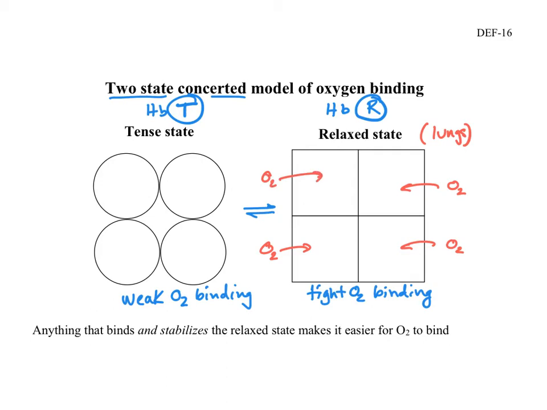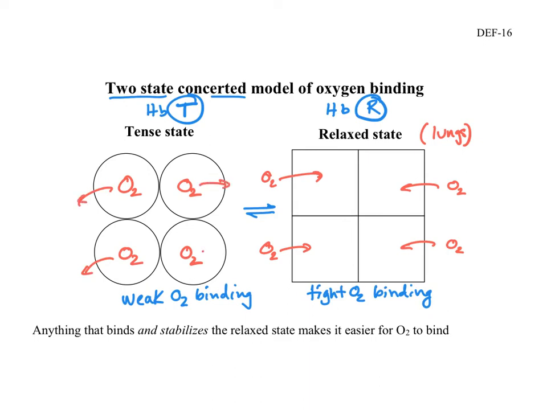Now, when that hemoglobin moves out to the tissues, something about it changes and it switches to the tense state. Maybe part of the population or the whole population goes over here. And when the oxygen is bound to the tense state, it doesn't stick very tight, so it falls off.